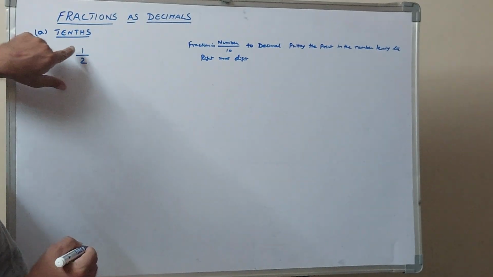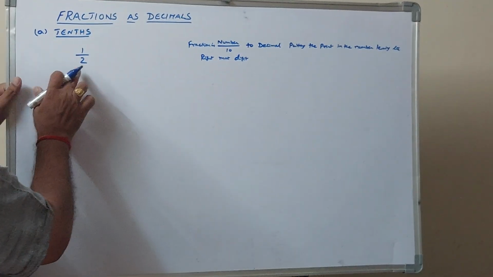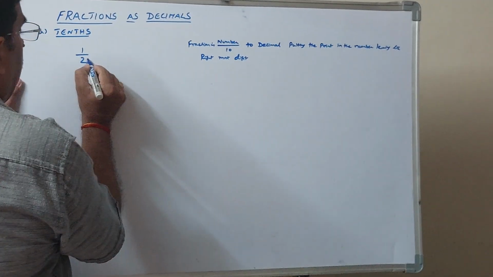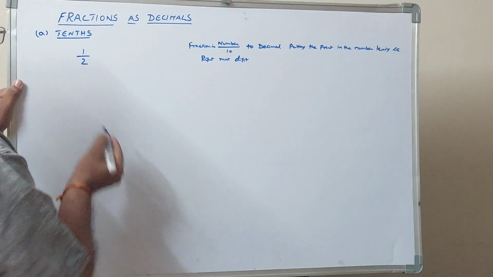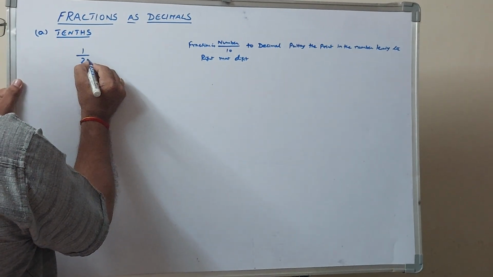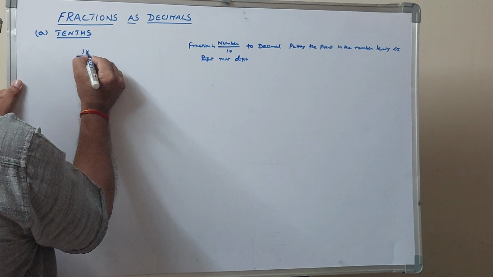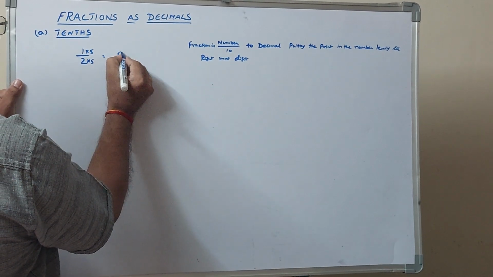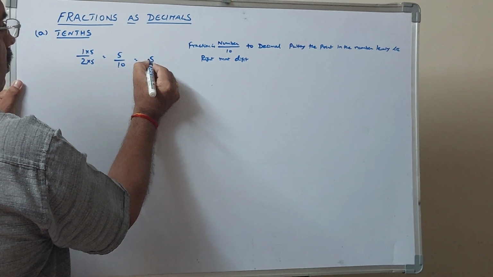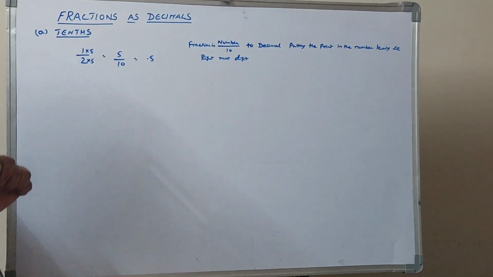So if I ask 1 by 2, here we don't have the denominator as 10. So how can you make it? You can make it a 10 equivalent fraction, as I told you in fractions. So multiply the numerator and denominator with 5. What are you getting here? 5 by 10. 5 by 10 means 0.5.